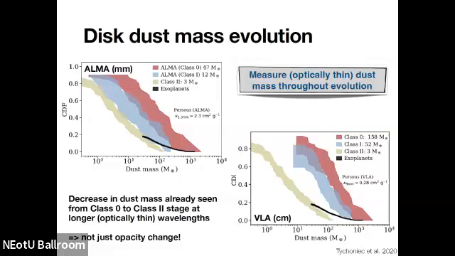But this experiment made clear how important it is to get centimeter continuum observations. Even if we don't spatially resolve the disk, it will give us an accurate measurement of the dust mass. And by looking at larger and larger samples, we can then essentially infer properties about the disk dust mass evolution.